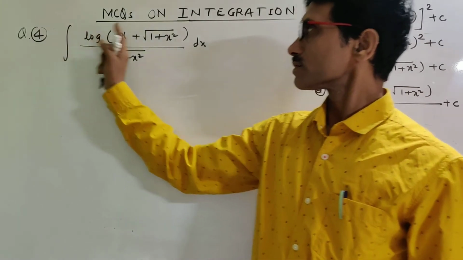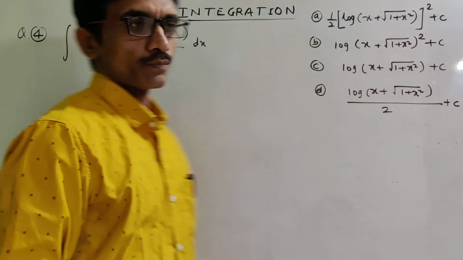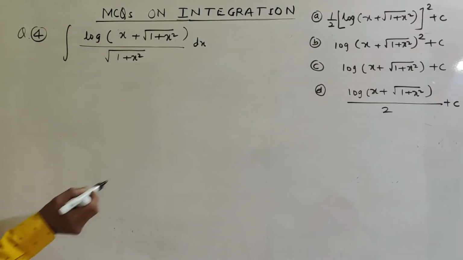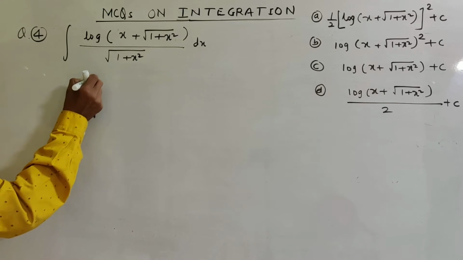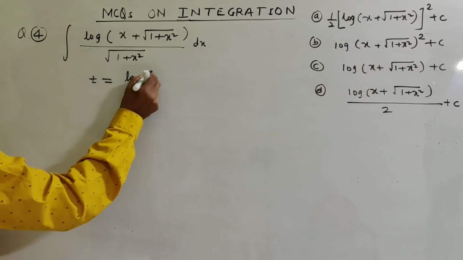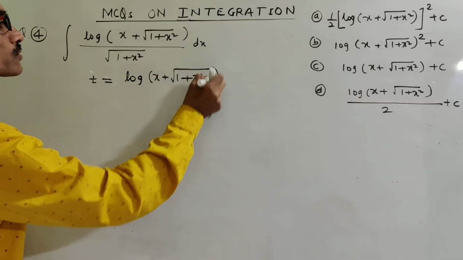Okay, we have studied this type of problem in derivatives. So by using that knowledge of derivatives, we can choose the function t equal to log of x plus root of 1 plus x square.